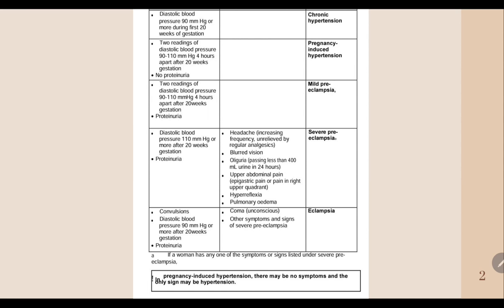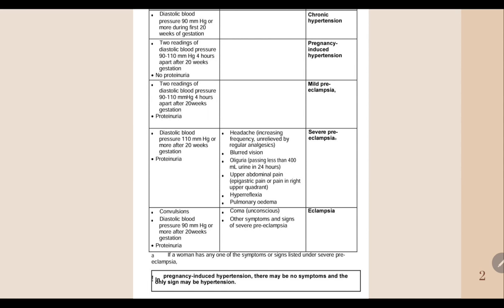Two readings of diastolic blood pressure around 90 to 110 mmHg, 4 hours apart, after 20 weeks gestation, and no proteinuria, then it's considered to be pregnancy induced hypertension. Two readings of diastolic blood pressure 90 to 110 mmHg, 4 hours apart, after 20 weeks gestation, and proteinuria is present, it is mild preeclampsia.